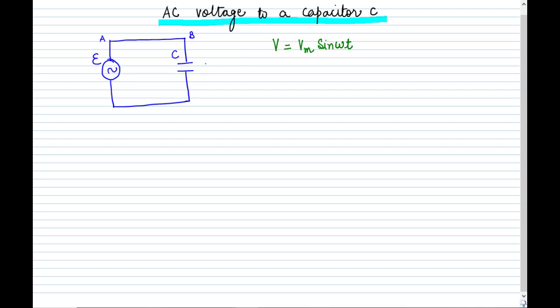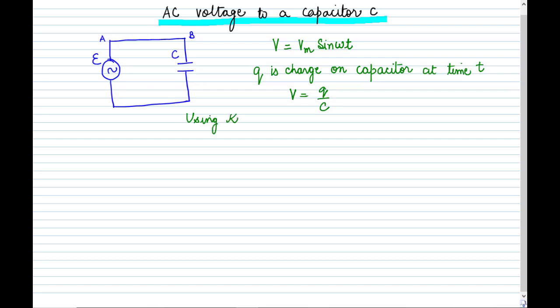So let us say that q is the charge on the capacitor at any time t. So small q is the charge on the capacitor at any time small t. So the voltage V is given by q upon C. Now since this is a closed circuit, we can use Kirchhoff's loop rule.